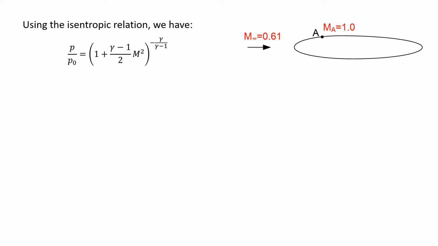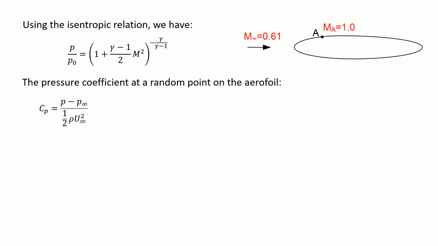Okay, so we will be interested in the pressure coefficient for that random point. Then we have the definition of the pressure coefficient, (P minus P infinity) divided by half rho U infinity square. Let's move further. We know the denominator, half rho V square, actually equals half gamma P infinity M infinity square. We've done this derivation, demonstrating the equivalency of these two denominators.